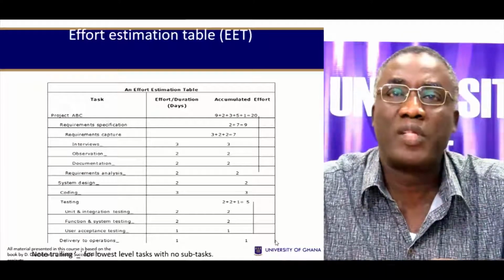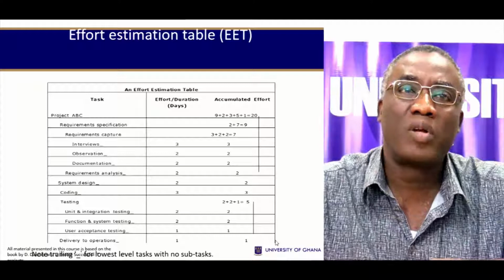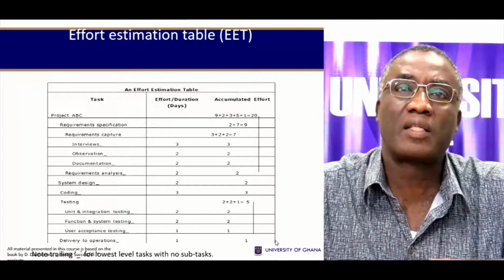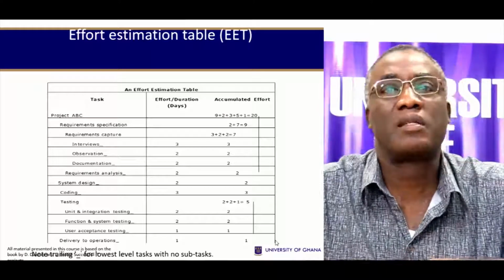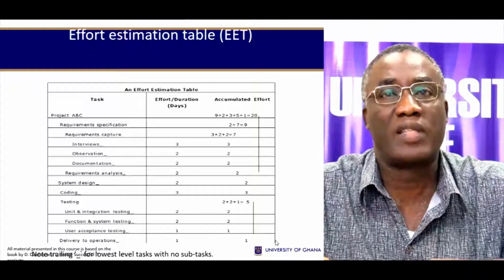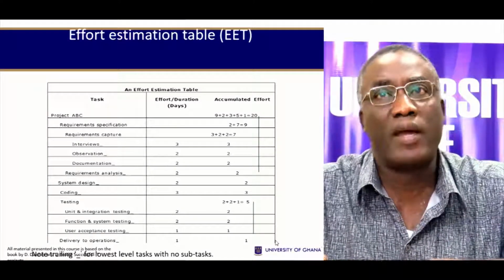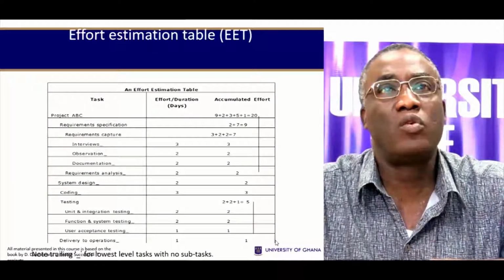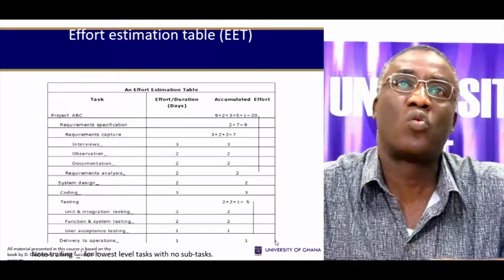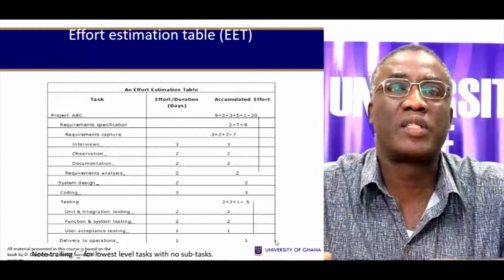Delivery to operations requires 1 day. Testing has been broken down to 3 tasks, and each task is given the effort estimated for it. You can then add up those efforts for the subtasks to get the duration for that task. So for each subtask, you estimate the effort, and then you total all of this for the project as a whole to obtain the total accumulated effort for the project.